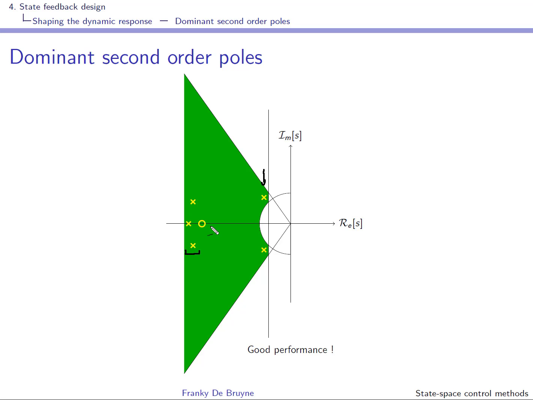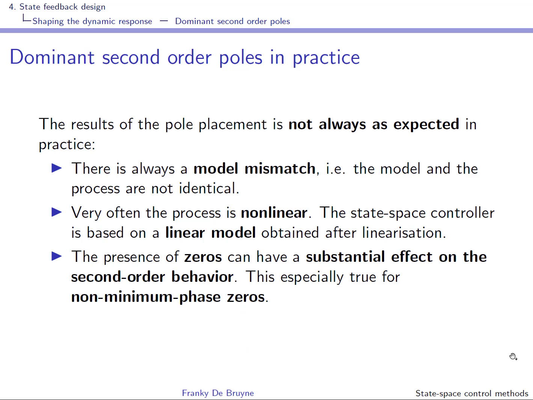So you'll have to live with the presence of the zeros, and if the zeros are sufficiently far away from the dominant poles, either to the left of the imaginary axis or to the right of the imaginary axis, you will not have a lot of influence on the closed loop response you're hoping for in your design.